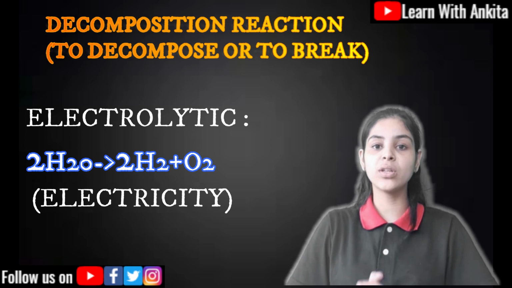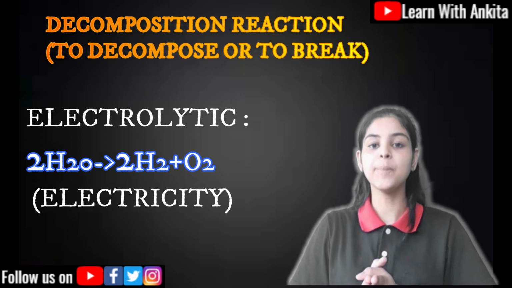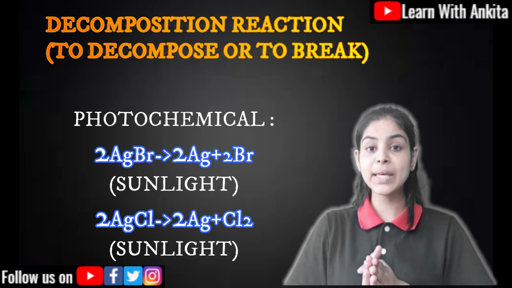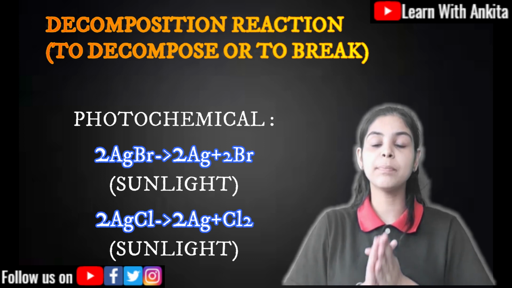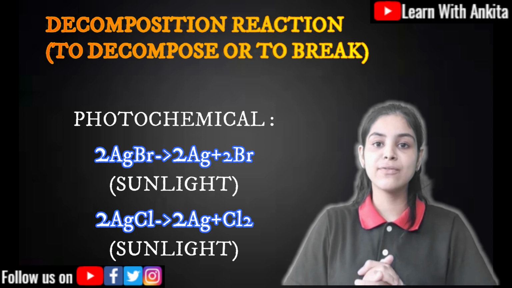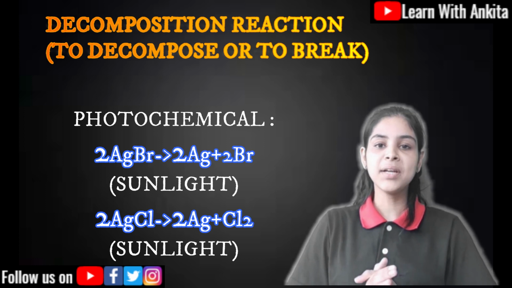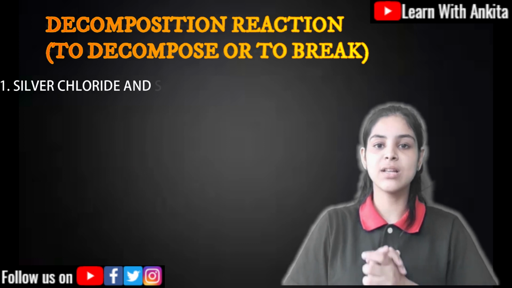Now let me move on to the third type, that is the photochemical decomposition reaction. It means when the substance is kept in the sunlight for some time, then the substance would break up. Let me take silver bromide or silver chloride.